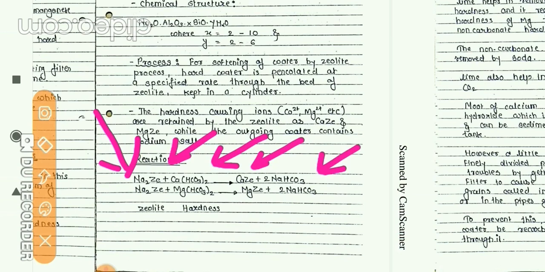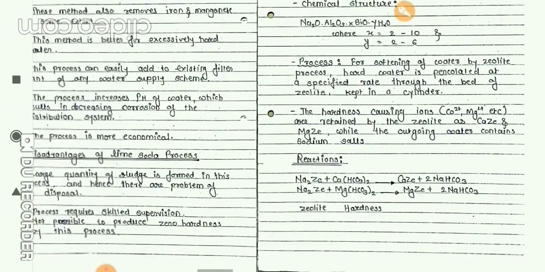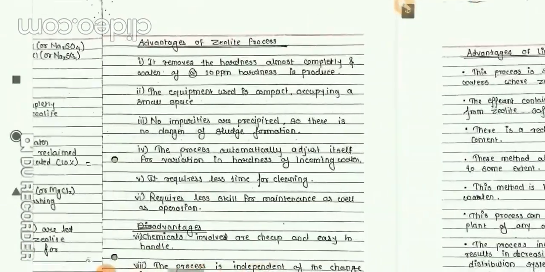Again Na2Z plus Mg(HCO3)2, the magnesium hardness. In the reaction it will form MgZ, the magnesium zeolite, and twice NaHCO3, the byproduct. So by using zeolite we can remove the hardness of magnesium and calcium.